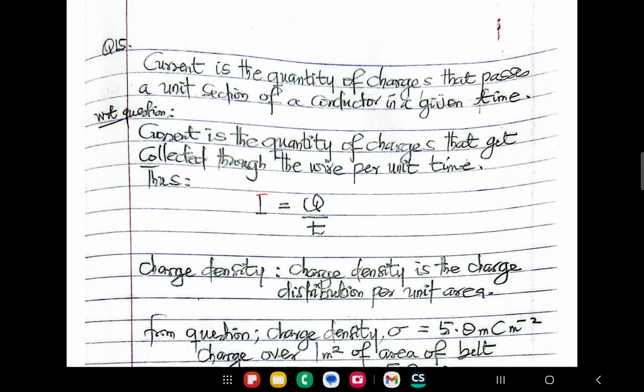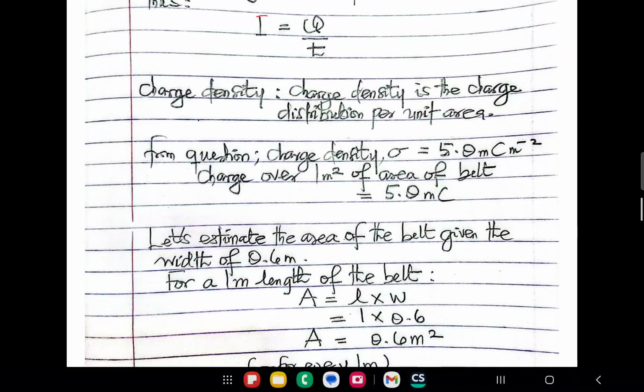You realize I talked about charge density. Charge density is the charge distribution per unit area, and the question gives us that to be 5.0 millicoulomb per meter squared. That is the charge over every 1 meter squared area of the belt. Now let's do an estimation, taking just 1 meter of the belt.